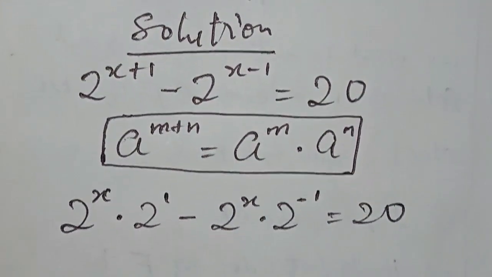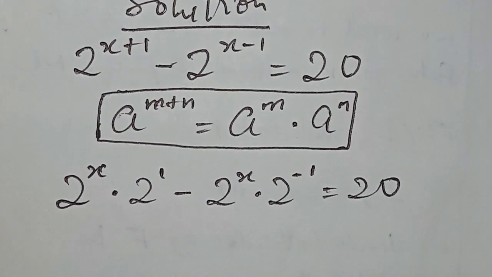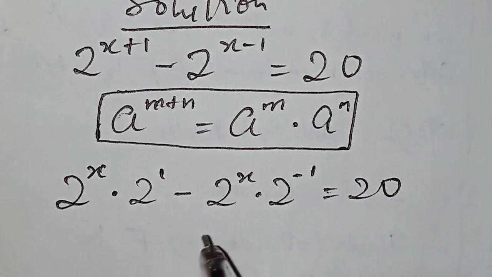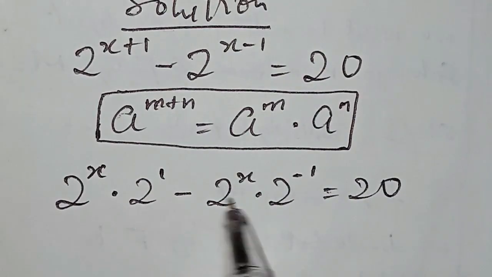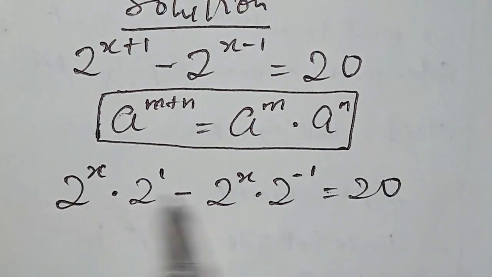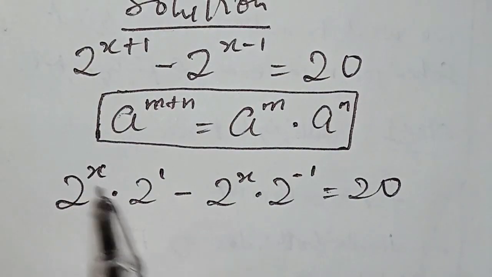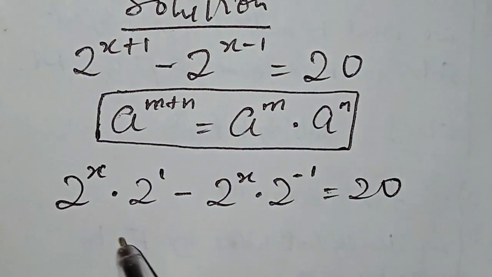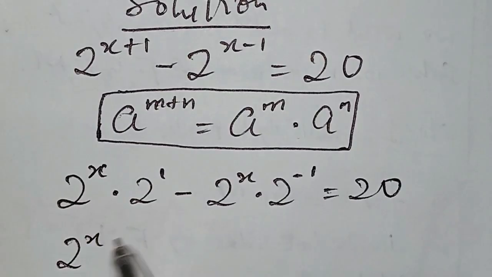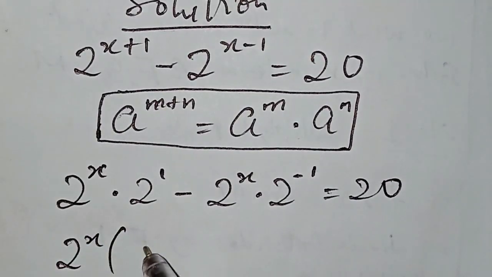So from here, the next thing we need to do is to consider this by looking at the expression and find out that we have 2 raised to power x common. So we can factor out that 2 raised to power x, put our bracket.